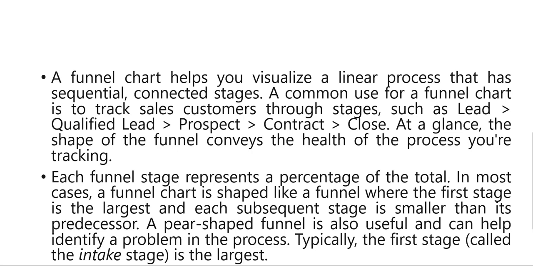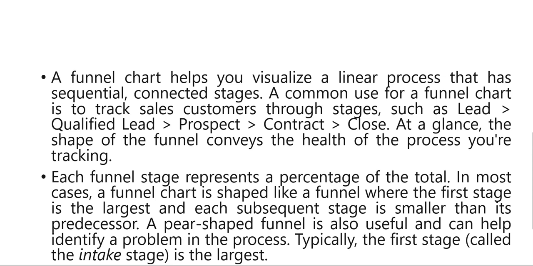A funnel chart helps you to visualize a linear process that has sequential connected stages. A common use for a funnel chart is to track sales customers through stages such as lead, qualified lead, prospect, contract, close. At a glance, the shape of the funnel conveys the health of the process you are tracking, how much you are converting from the inquiries you are getting. So it overall conveys information about the conversion or overall health of the process.